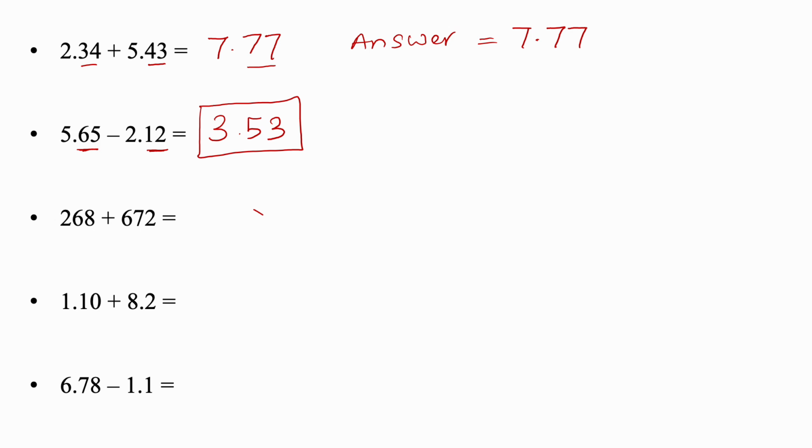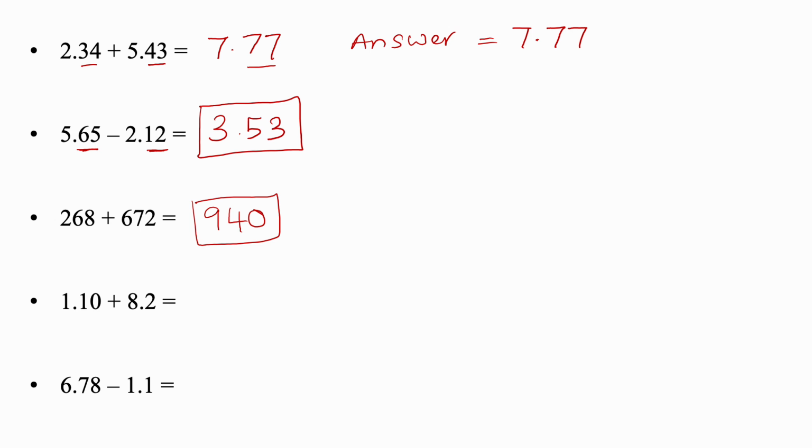Next one, 268 is going to add to 672. So there are no decimal places in both numbers. Therefore, your answer should not contain any decimal places, and your answer is 940.